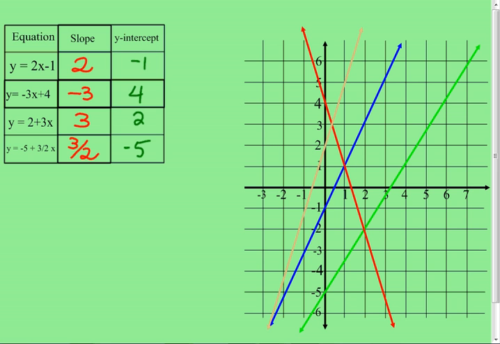Okay, now let's match these. I didn't match the slopes earlier, I just matched the intercepts. The y-intercept is the constant. The slope is the coefficient.